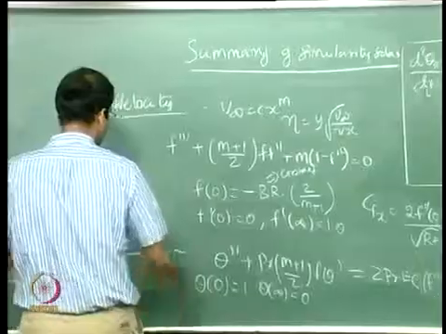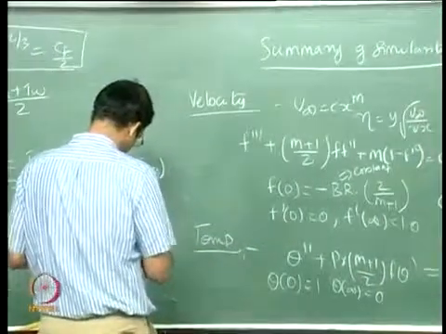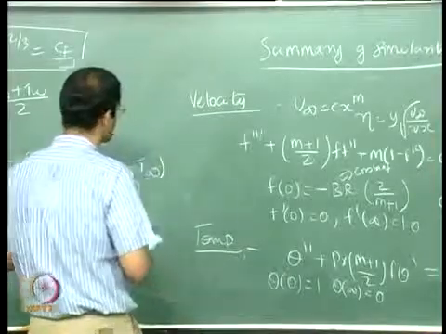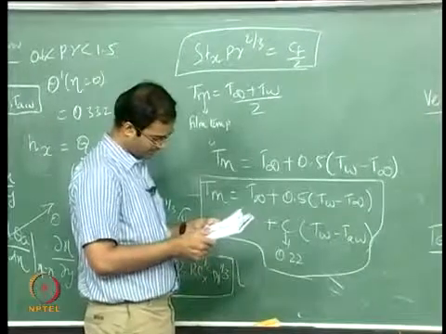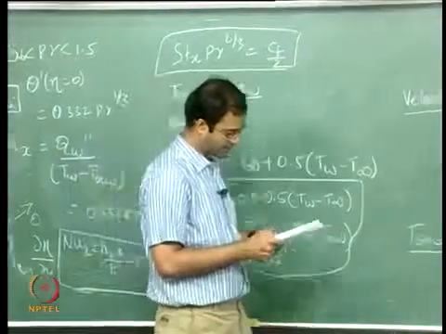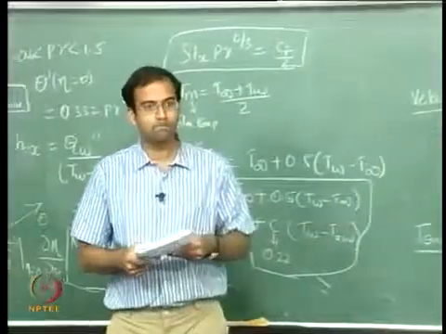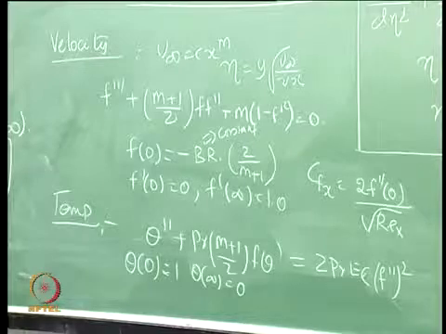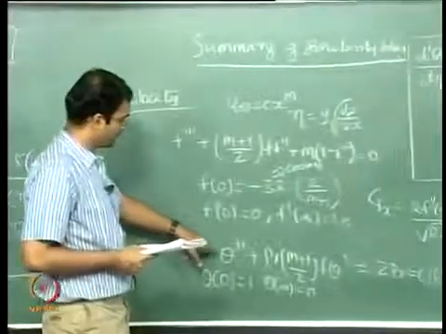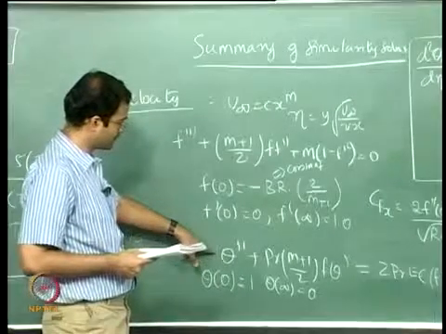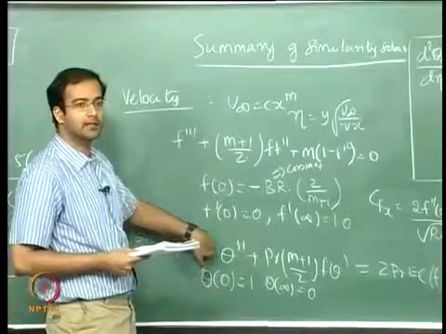How did we define theta in the earlier case? Do you remember, was it T minus T infinity by T wall minus T infinity? Can you just check how we defined it? Then you may have to flip the... for the general problem, T minus T infinity by T wall minus T infinity, that is how I think I defined it.